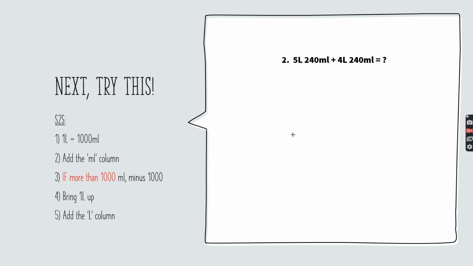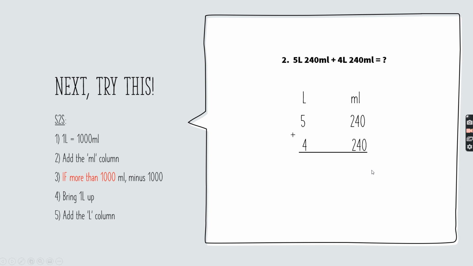Next you can try this one. 5 liters 240 milliliter plus 4 liters 240 milliliter. We write it in column. Now ask yourself, whatever you got over here, is it less or more than 1000?